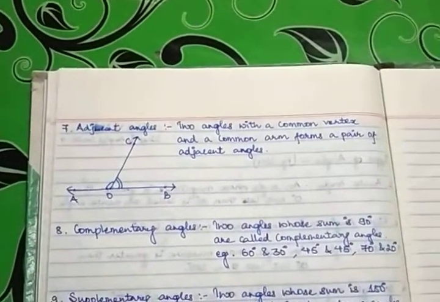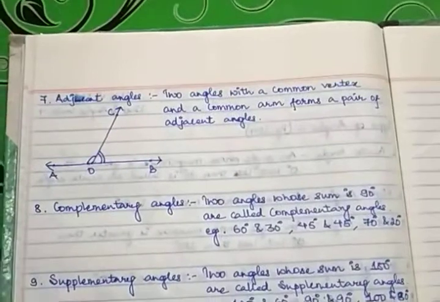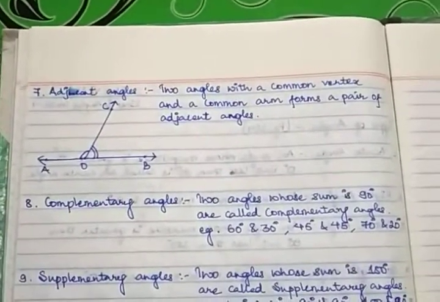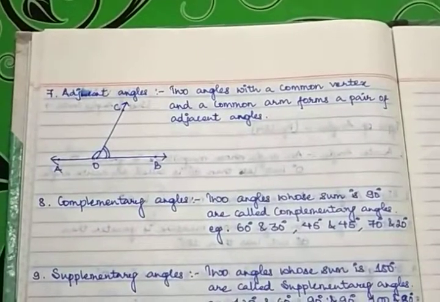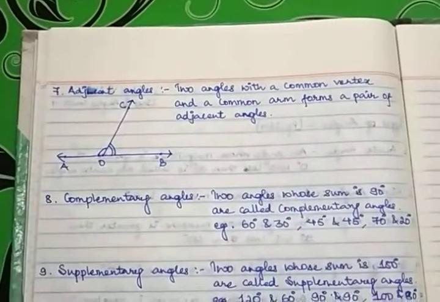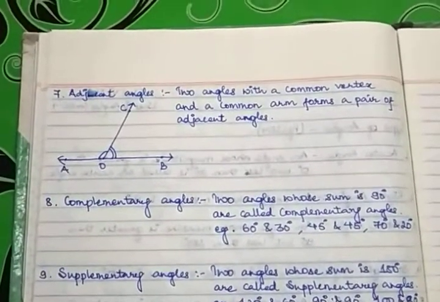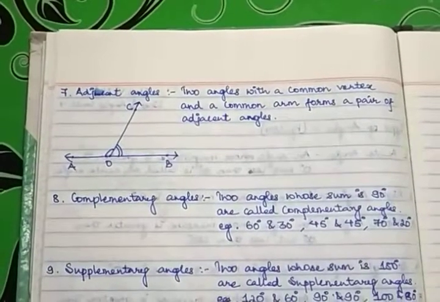Okay, so now the next topic for today is complementary angles. For complementary angles, these are easy ones. Two angles whose sum is 90 degrees are called complementary angles. Simple. When you add two angles and their sum comes up to 90 degrees, then those two angles are known as complementary angles.